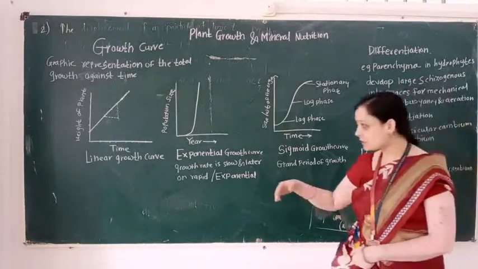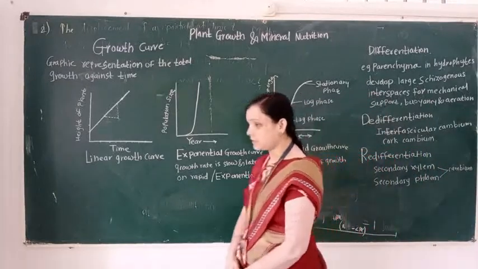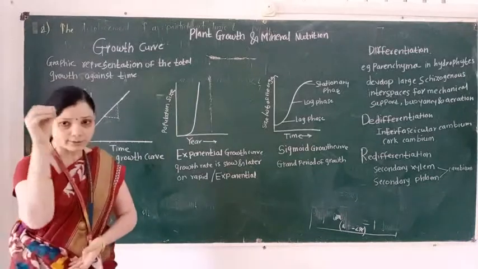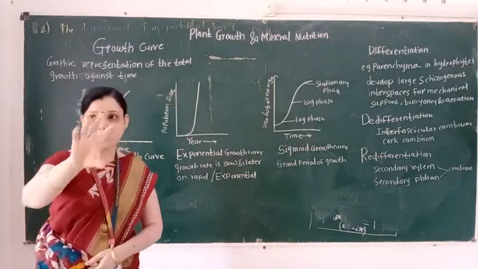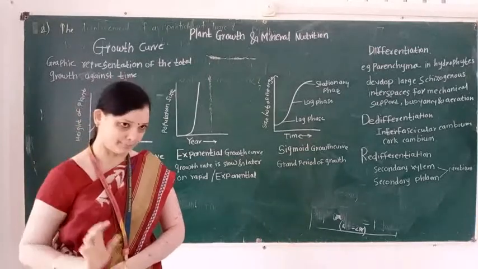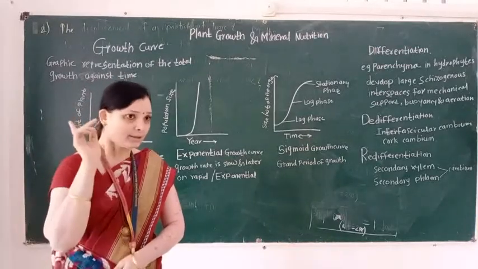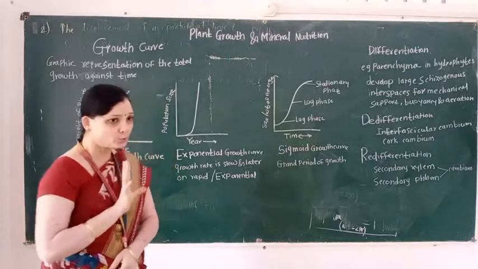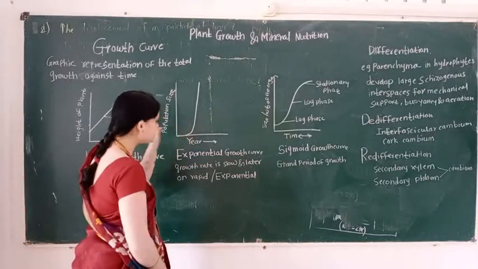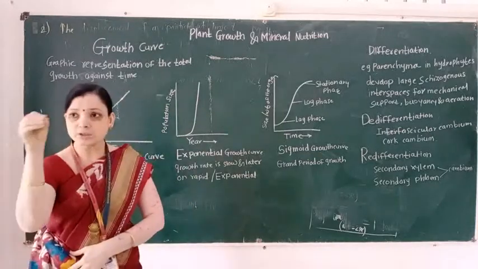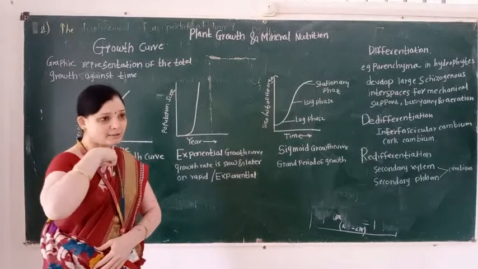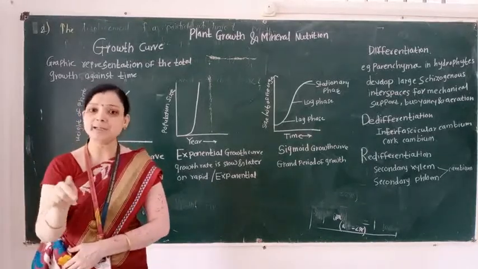Then the second type is known as the exponential growth curve. What is the meaning of exponential? Exponential means rapidly. In this type of growth, at the initial stage the growth rate is very slow, but later on it rapidly increases.